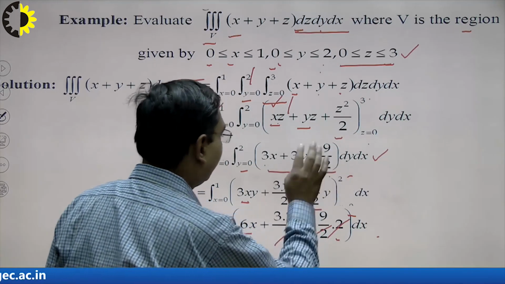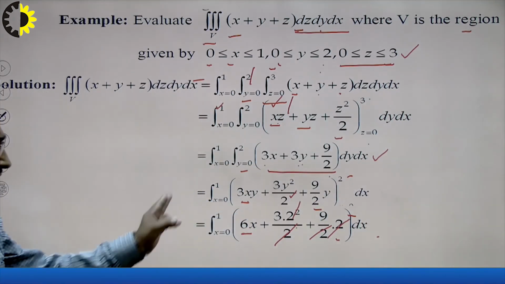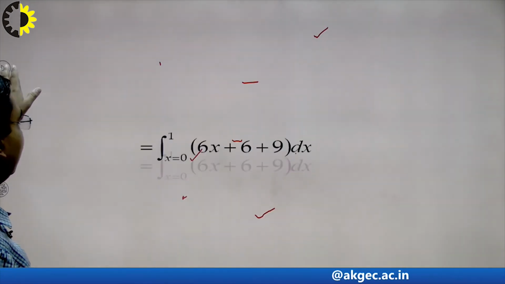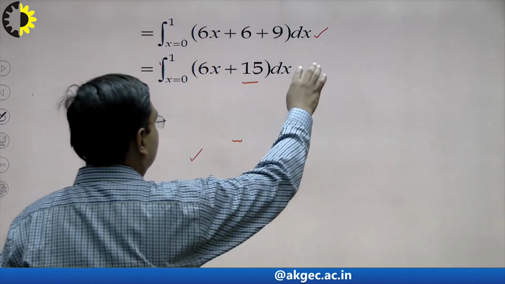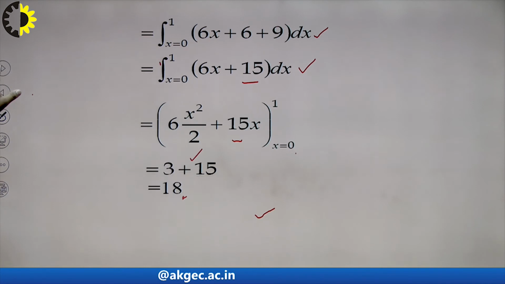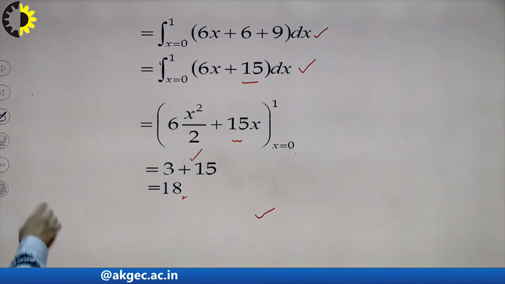Integrating, I obtained this double integral. This double integral was evaluated with respect to y. Then I obtained this single integral. Integrating it by the usual process, I obtained the value of the integral as 18.